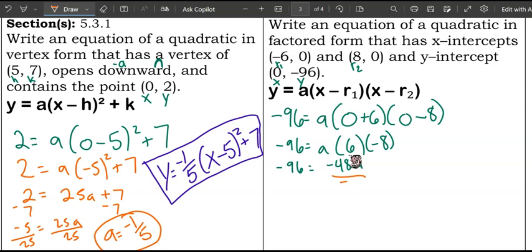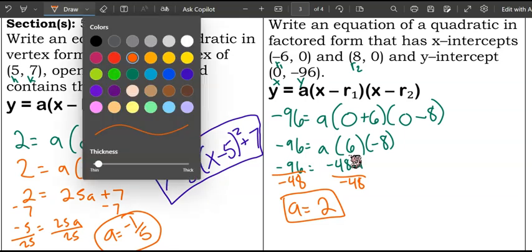Let's divide each side by negative 48. a will equal 2. Once we found our a, we just need to plug everything back in and revert the x's and y's back to variables, and then we have our answer.